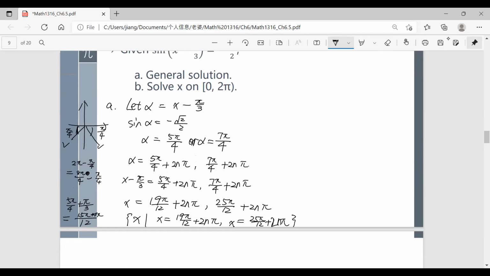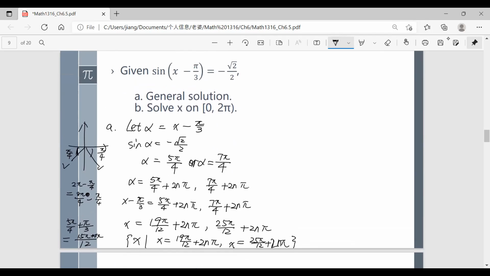How about the solution on 0 to 2 pi? So for part B, we can list a table. Here is n. The first one is 19 pi over 12 plus 2n pi. Another one is 25 pi over 12 plus 2n pi.